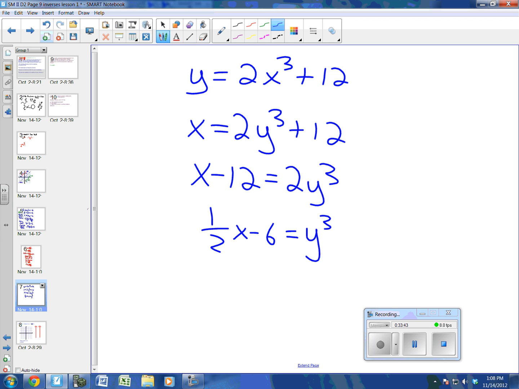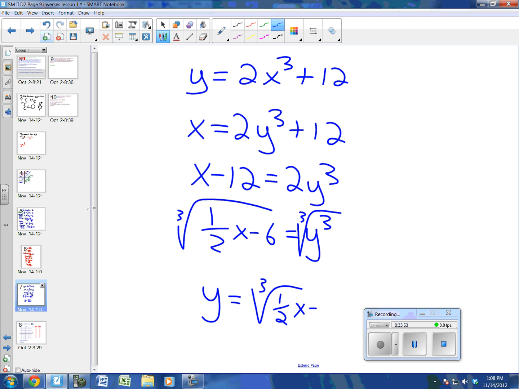Cube root. Cube root it. Okay. y equals the cube root of x minus 6. And that's the inverse. And you can put it in inverse notation by writing f inverse of x equals the cube root of 1 half x minus 6.